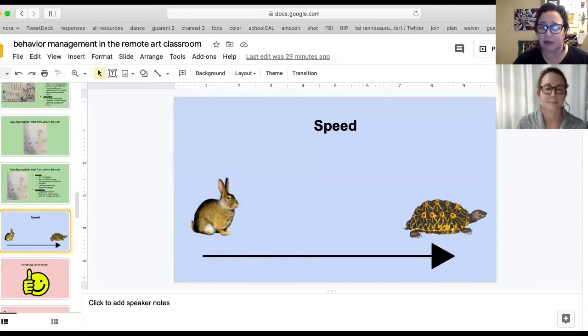And the primary reason for that is because they're in a place where they are distracted. They're at home. There are things going on in every single one of those kids' homes. There might be someone else working at the same time. There might be other siblings that are running around. They might have pets in their lap. So there's a lot of things going on. So I think the speed of it and the expectation, like Aletha said, for that class needs to be minimized a little bit more than what we're used to.